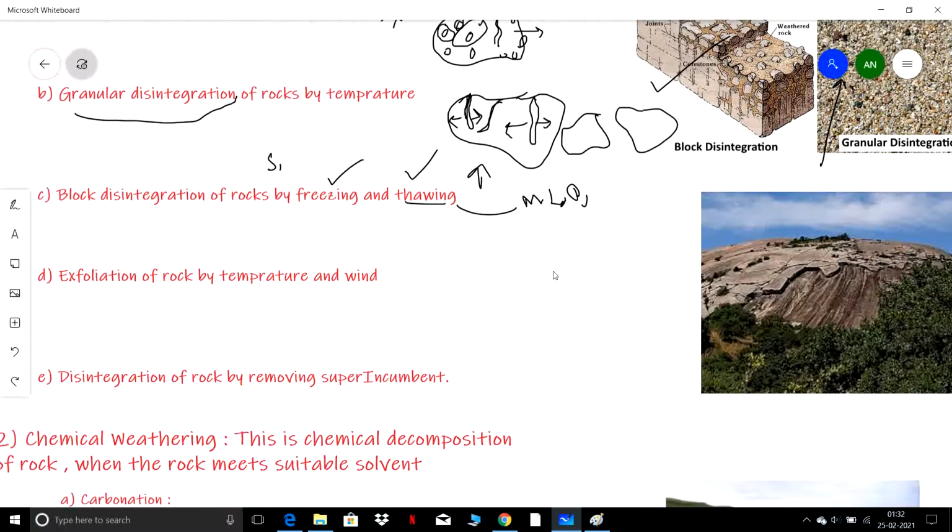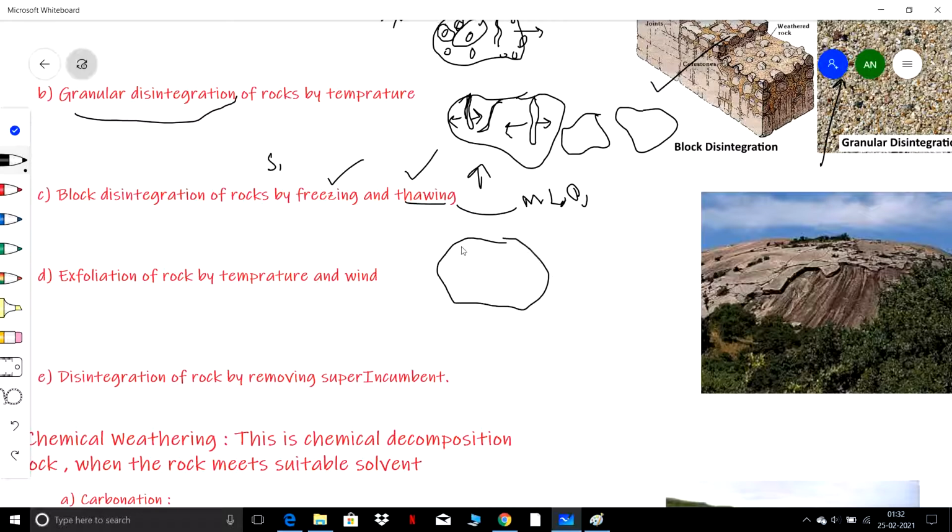Now let's discuss the next type of weathering, that is exfoliation. What is exfoliation? A rock has concentric shells, as shown here. Due to diurnal temperature change, as we previously discussed, expansion in the day and contraction in the night, cracks develop along the concentric shells.